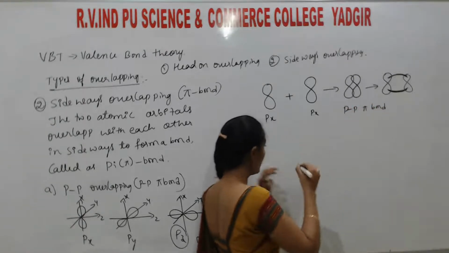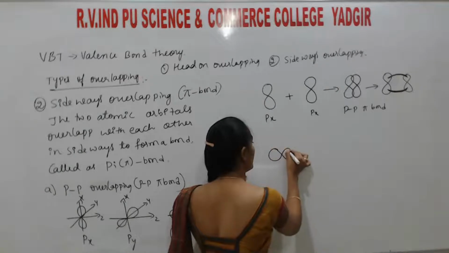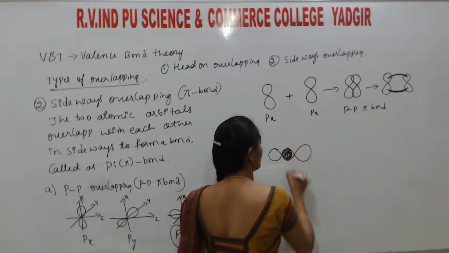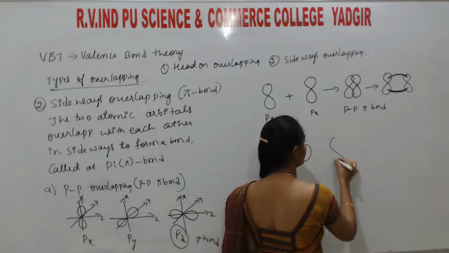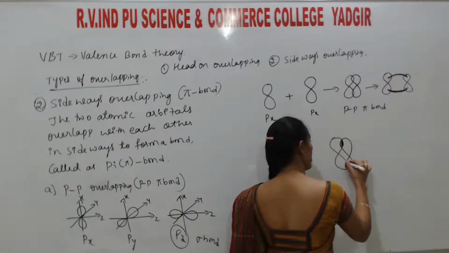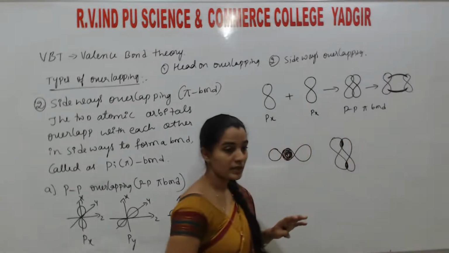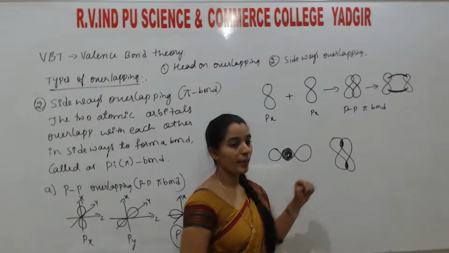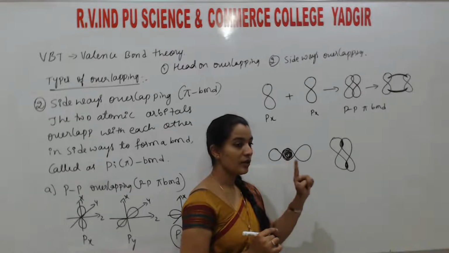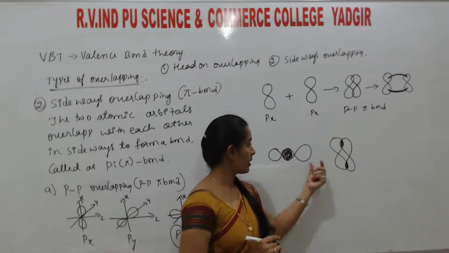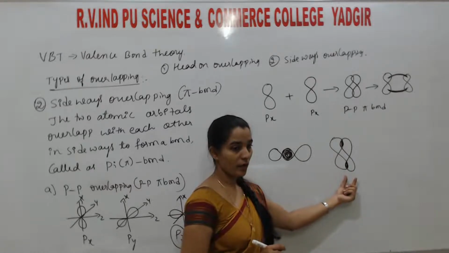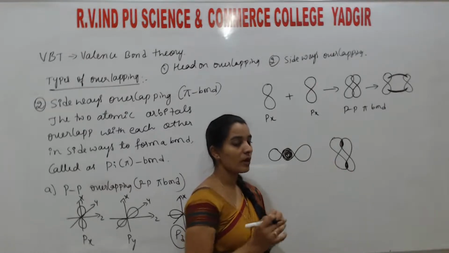So students remember, in the axial overlapping like this, the surface area covered is greater. But in the sideways overlapping, they are covering only a smaller area. Compared to sigma bond and pi bond, sigma bond is the stronger bond, pi bond is the weaker bond. Why? Because here the extent of overlapping is more, here the extent of overlapping is less. So this is one major difference.